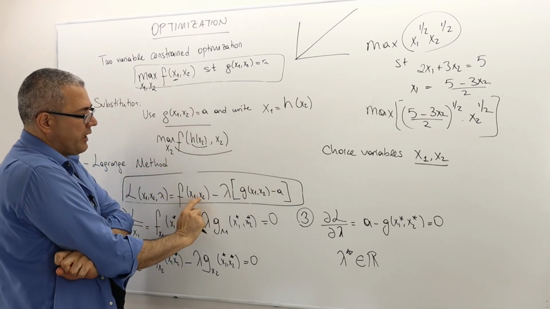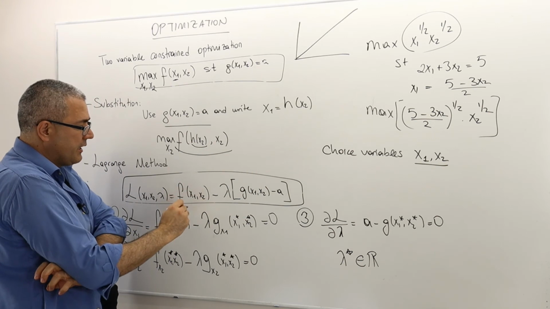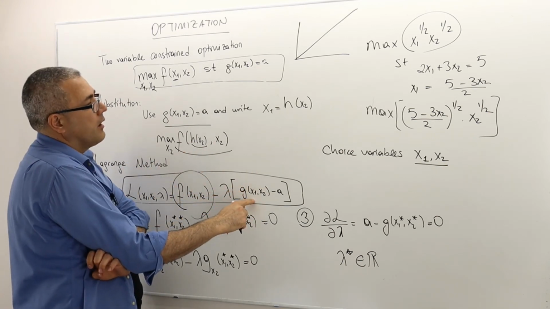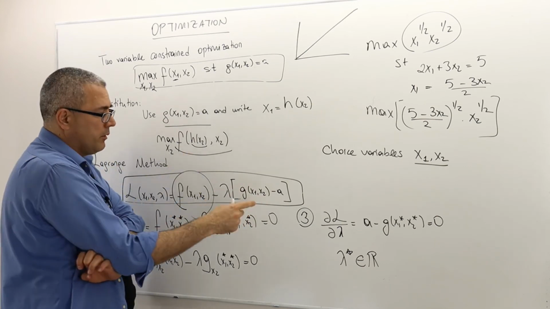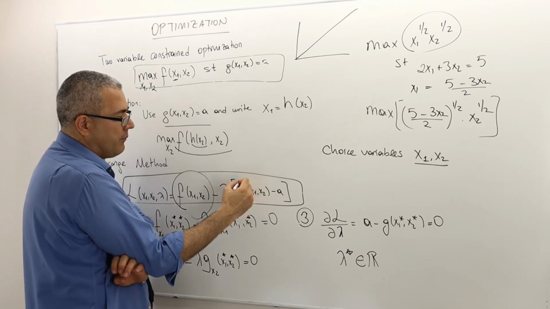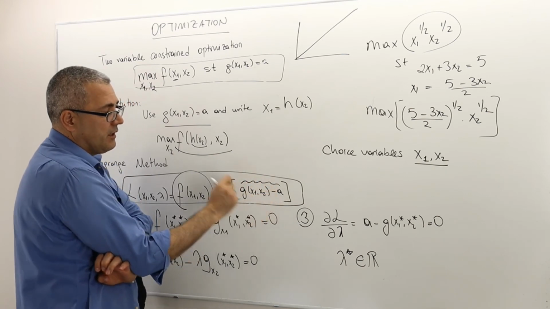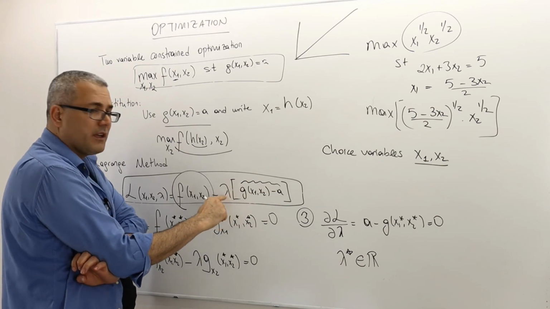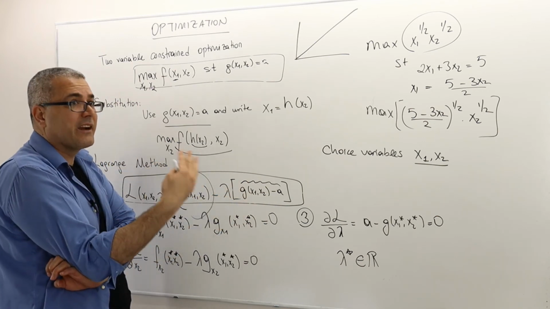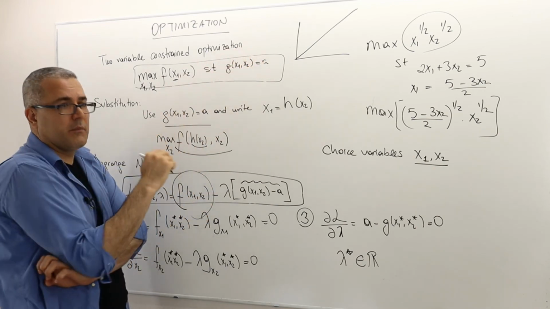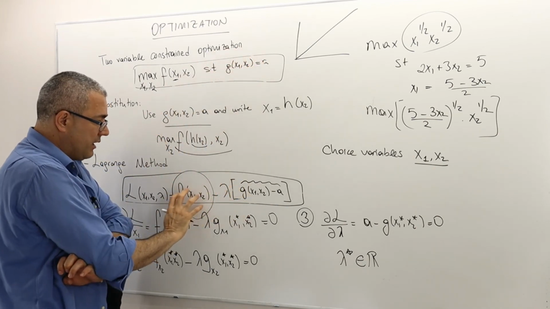If I choose x1 and x2 too large, yes, that part is going to be huge, awesome. But this part will also probably be huge, if g is an increasing function. That means this difference is going to be huge, and lambda, how much I care about deviating from satisfying my constraint, is going to be huge.